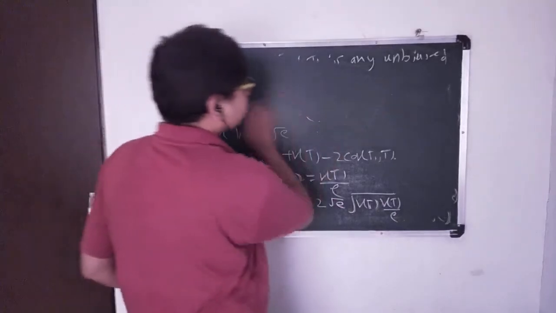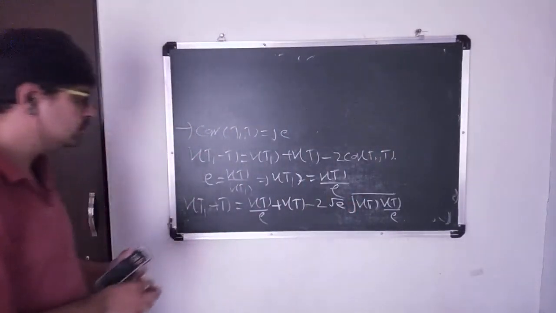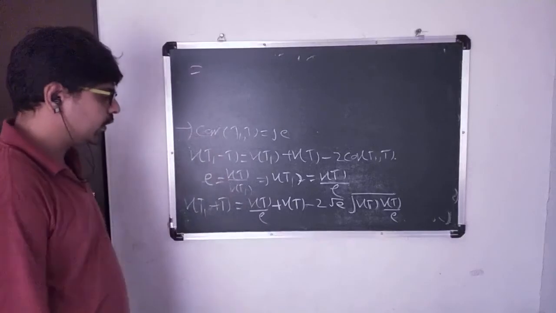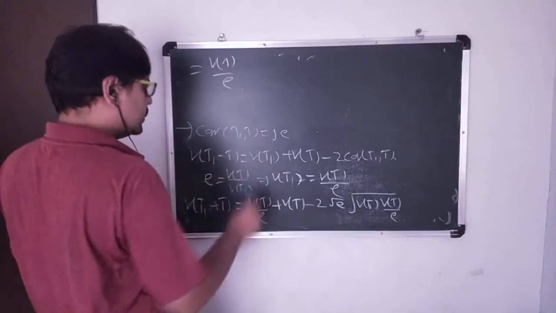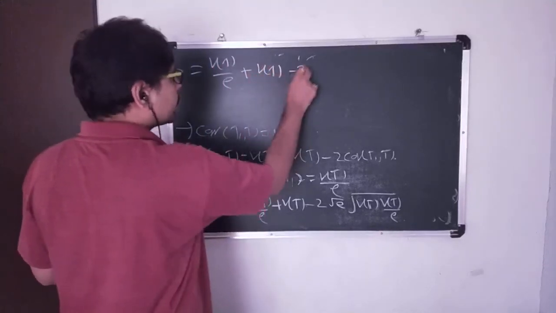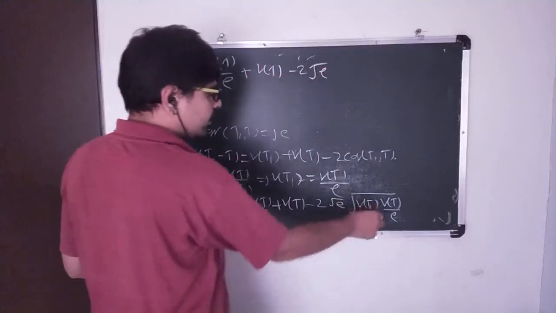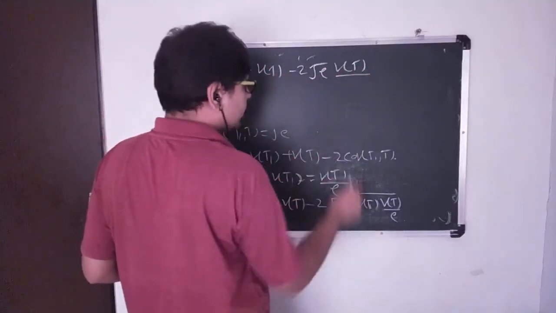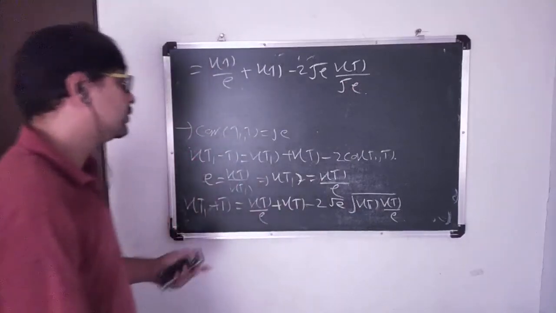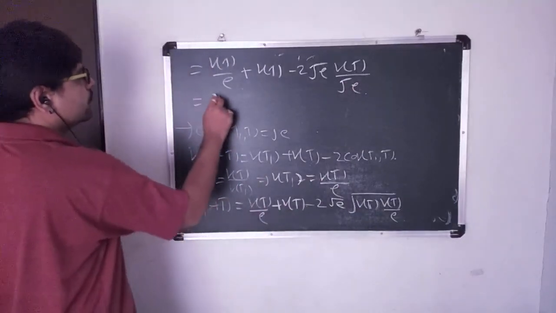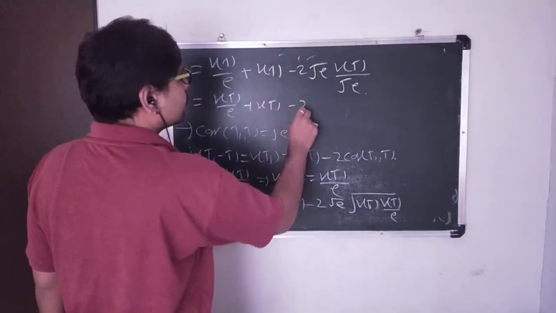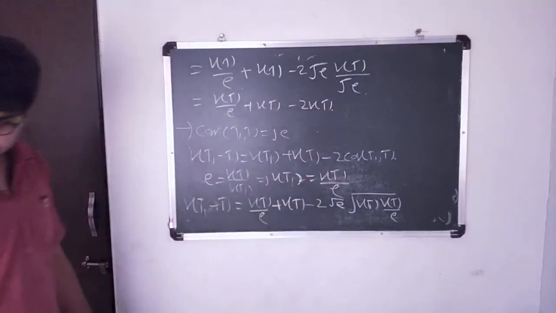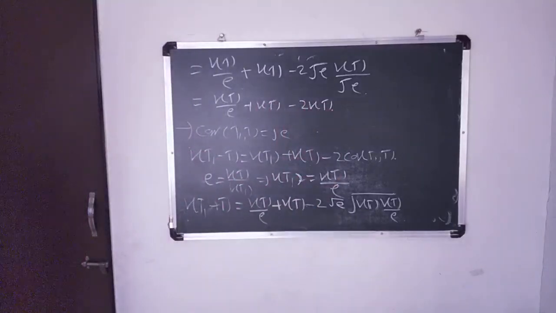Now we will put the values. So variance of T upon e plus variance of T minus 2 into root e into variance of T upon root e. So root e gets cancelled. So variance of T divided by e plus variance of T minus 2 times variance of T. Now what we have?